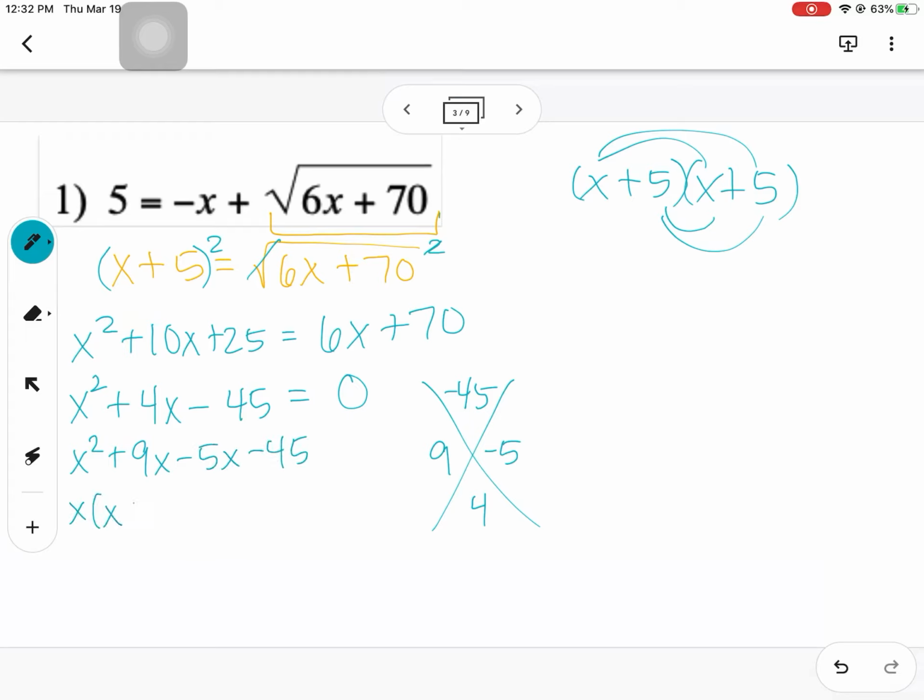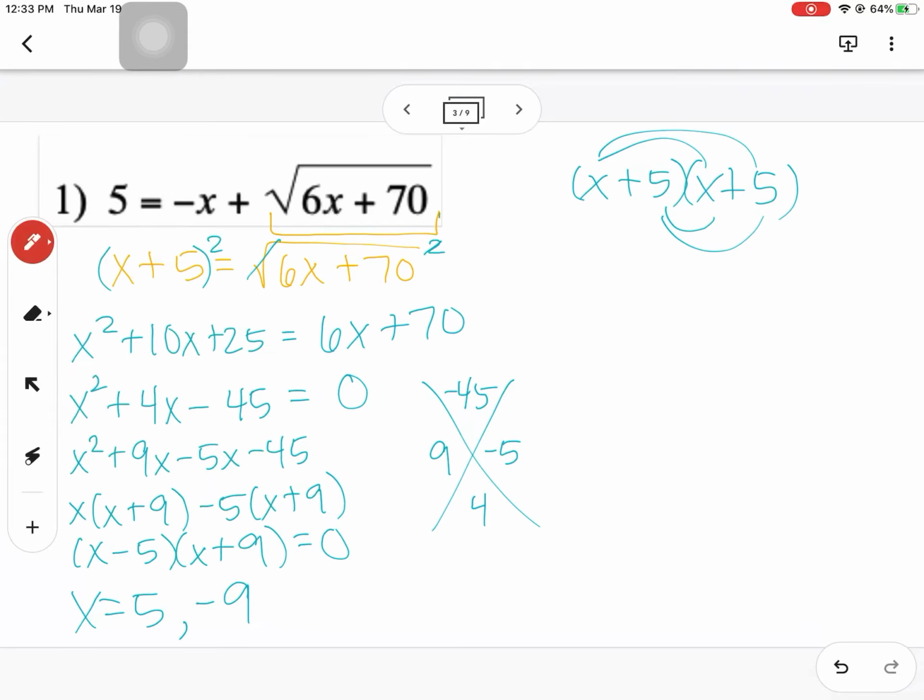Just to make sure we have a review of factoring, I'll write this all the way out for you. There will be a whole lot of factoring in Unit 3's video, though, as well. Once you get to this point, x minus 5 equals 0 tells you that x would equal 5, and x plus 9 equals 0 gives you x equals negative 9.